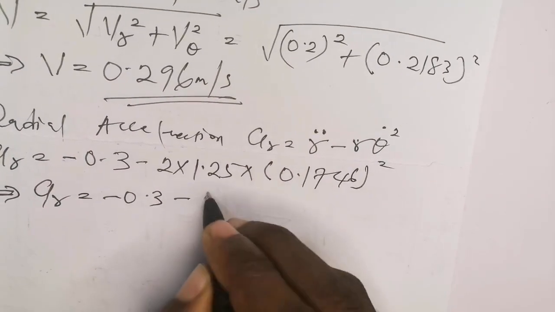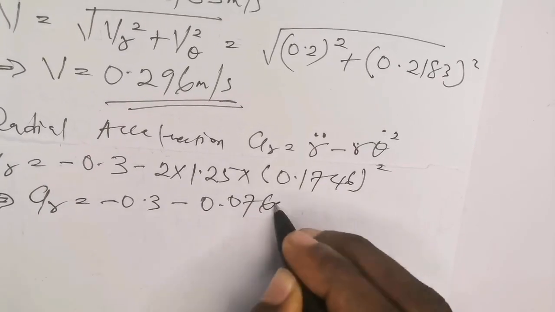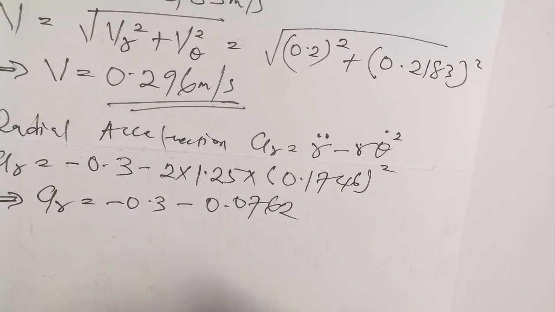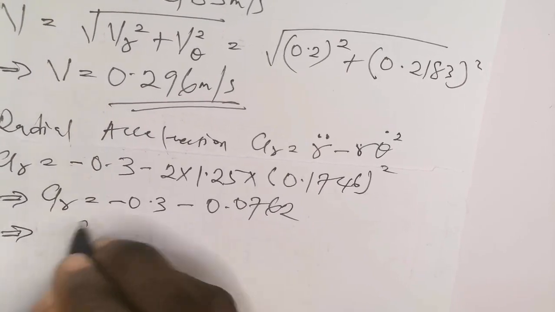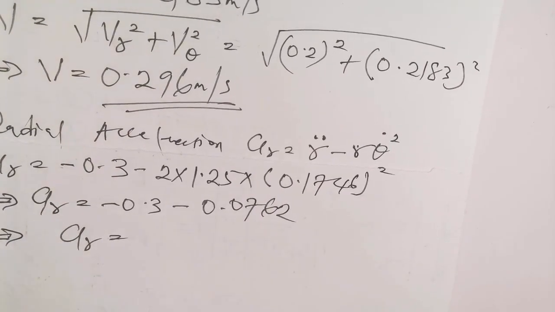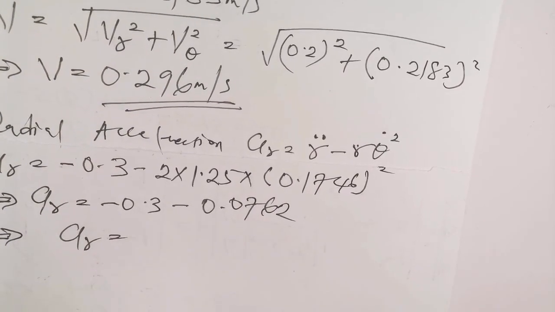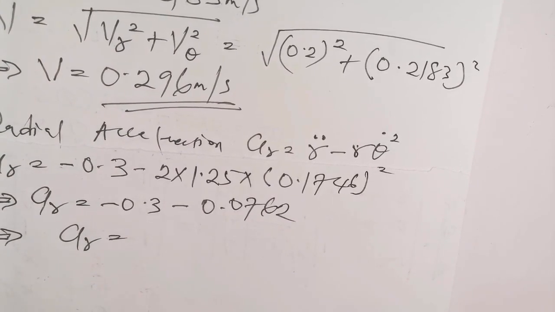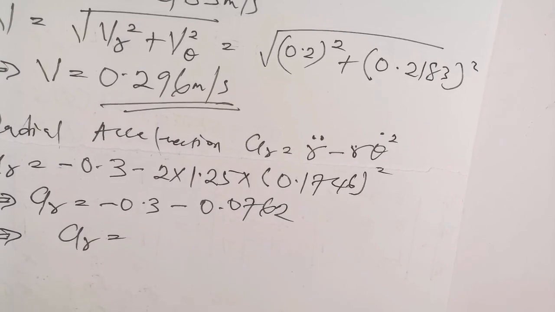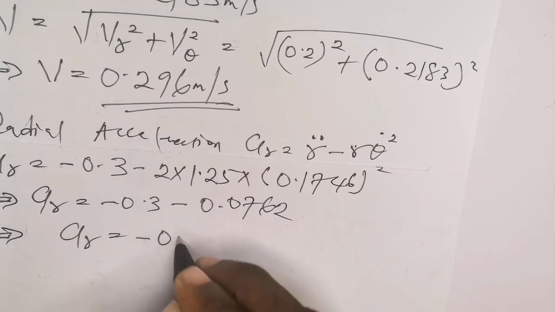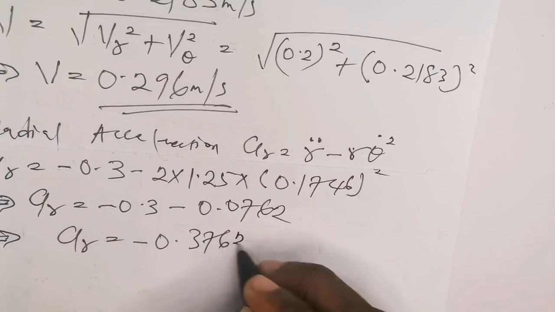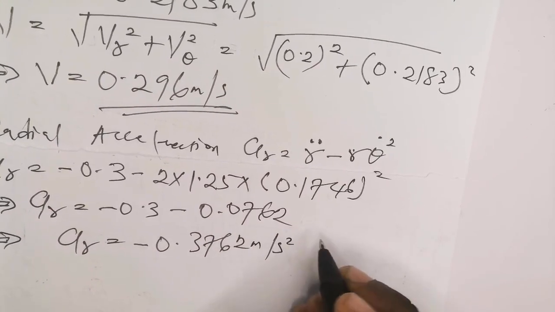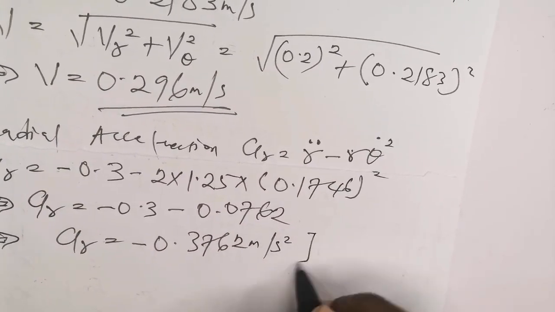That gives us 0.0762 approximately. So if you compute this, the radial component of acceleration is minus 0.3 minus 0.0762, which gives approximately minus 0.3762 in meters per second squared. So this is our radial acceleration.